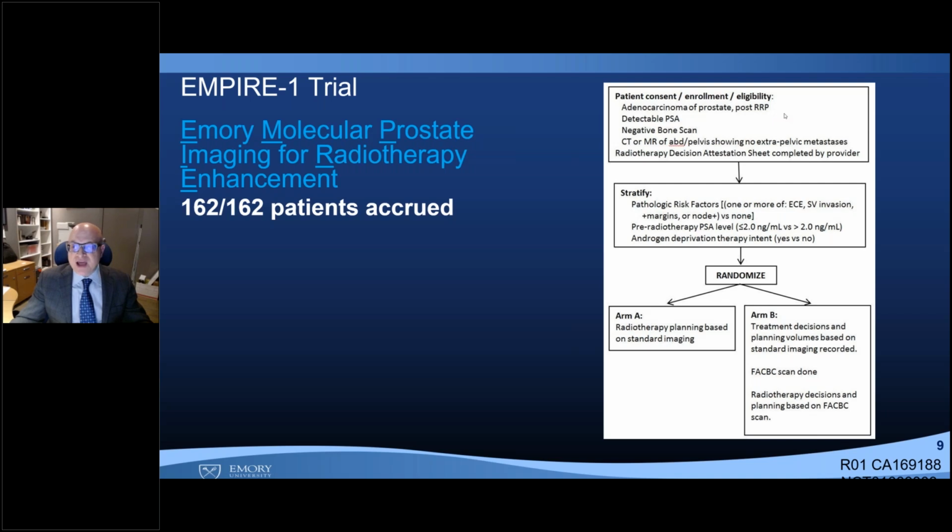They were then stratified and randomized into either Arm A, radiotherapy or salvage therapy planning based on conventional imaging, most of this was MR, or Arm B, in which treatment decisions were also modified by the addition of fluciclovine PET. The study fully accrued with 162 patients. The primary aim was to compare 3-year PSA-free survival between both arms.